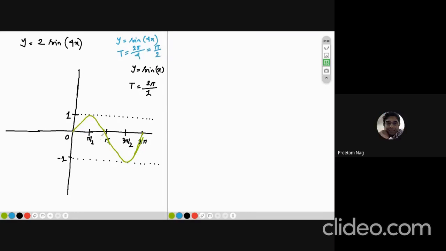If the period is pi by 2, that means we will have 4 oscillations here: 1, 2, 3, 4. So in this case, the graph will be like this.